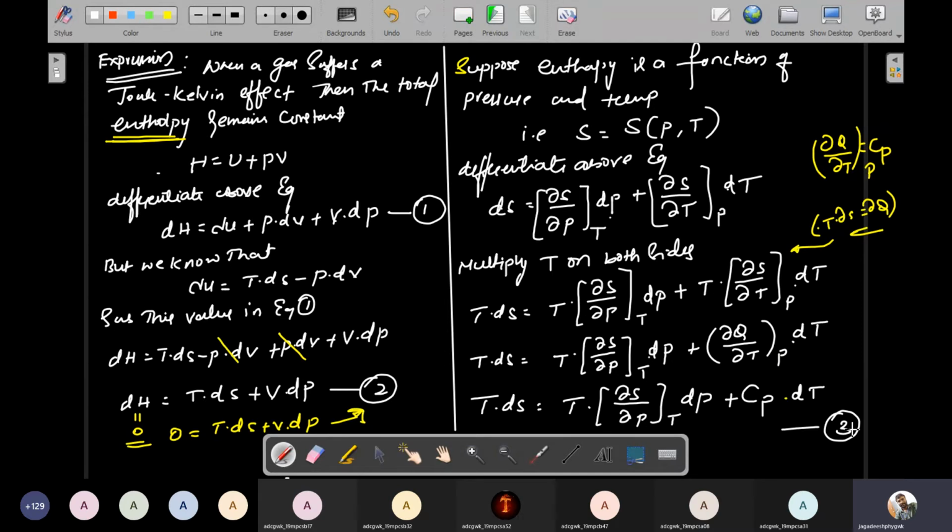Now I want to substitute equation 3 into equation 2. So I'll substitute the equation 3 value into equation 2. Then finally I will get one result.